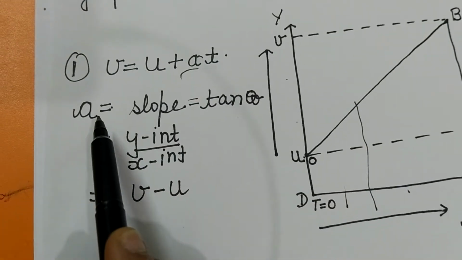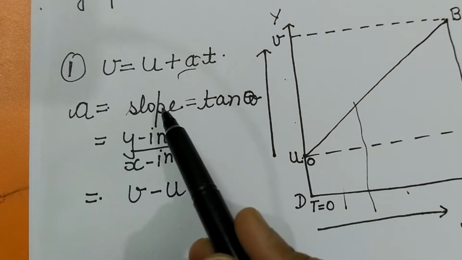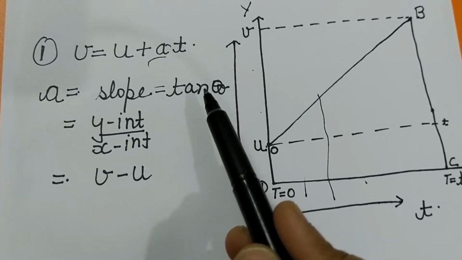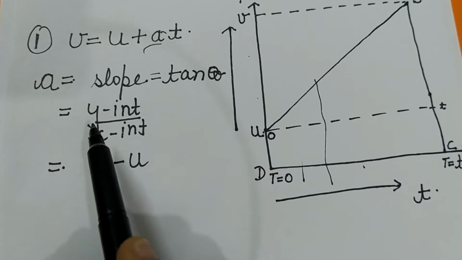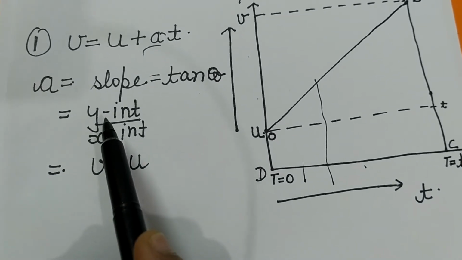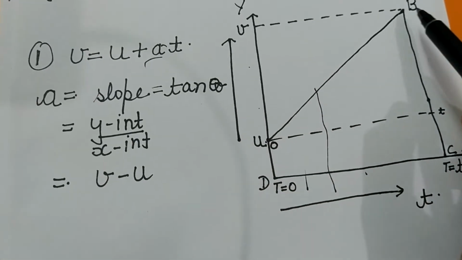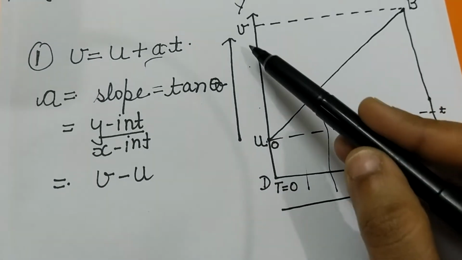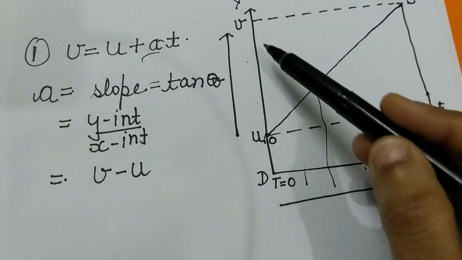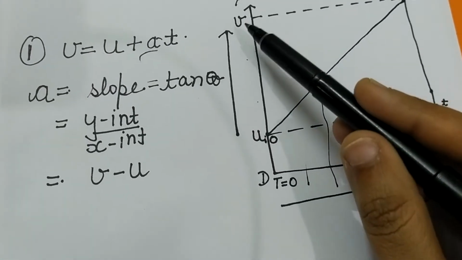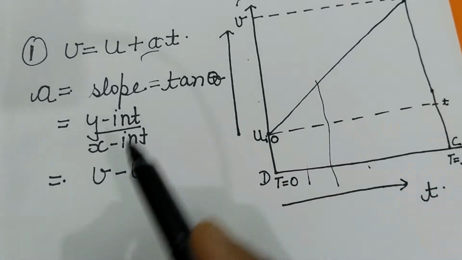So acceleration is given by the slope, which is always equal to tan theta, and tan theta we can see is the y-intercept upon the x-intercept. Here the y-intercept is this one. This line is represented by v minus u, that is, final velocity minus initial velocity.